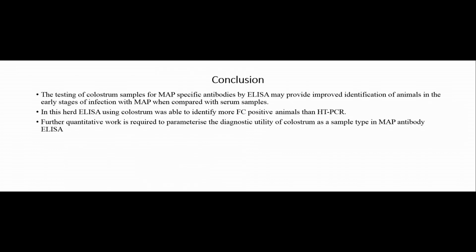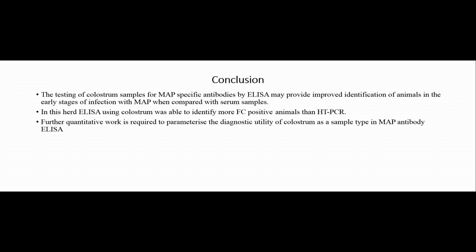So what can we conclude from this? We'll be very careful. Again, I want to re-emphasize that because we have very few positives, this is a very limited amount of data. But notwithstanding, in this herd, certainly the colostrum performed much better than the HT-PCR.